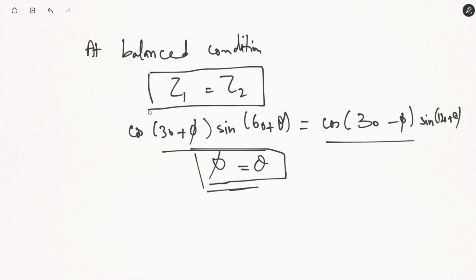While construction, we keep the same phase difference between the coils A and coils B. So I hope this is clear. This was about the electrodynamometer type. If there are any more questions, we can ask in the group.